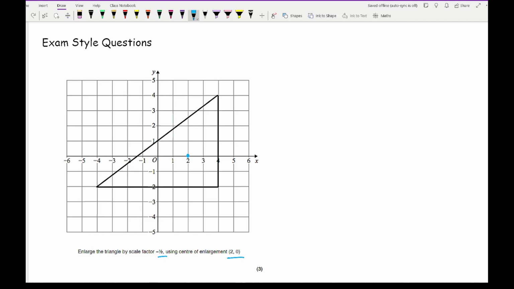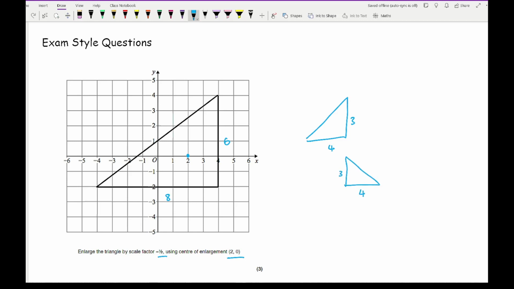You can see the dimensions of this original triangle is 6 by 8. So we're going to be drawing a triangle that is 3 along here and 4 along here. Because we are going to be using a negative scale factor, if I flip it vertically, it's then going to be 3, 4.